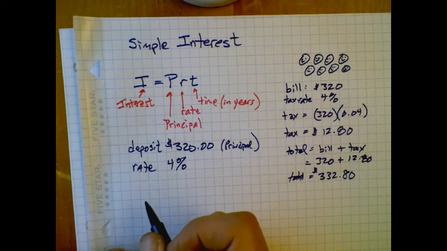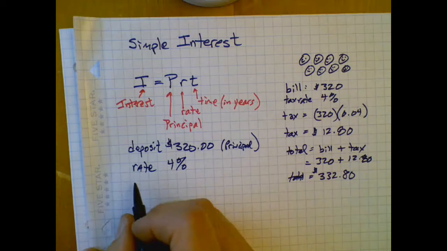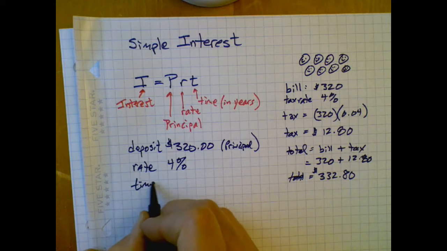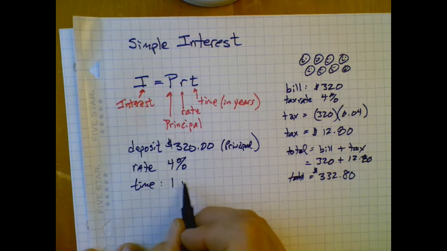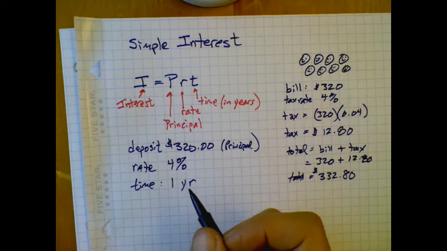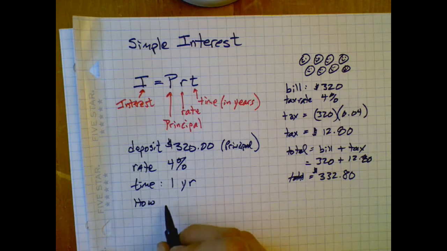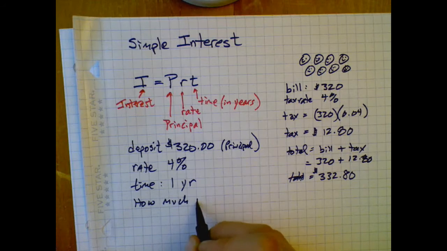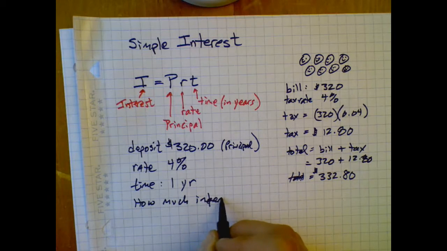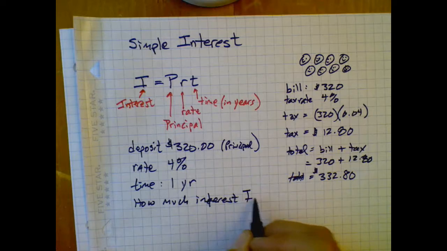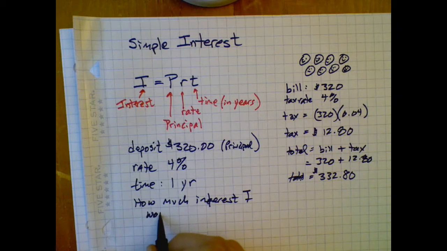And let's say I keep it in for 1 year. So I'm going to keep it in for 1 year. The question is how much interest would I have earned? So interest is that big capital I. How much interest would I have earned?